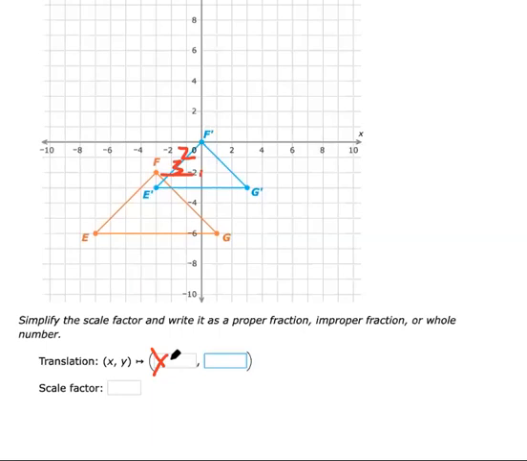So on this one it's going to be X plus 3, and then Y plus 2. Let me write this down: right 3, and then up 2.